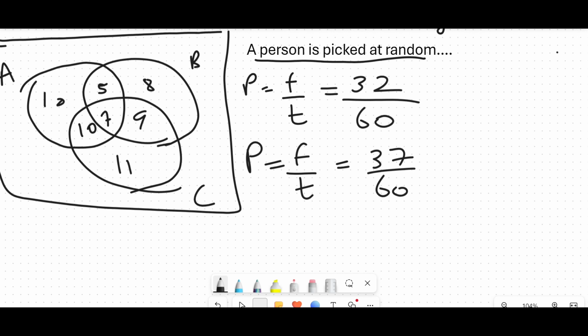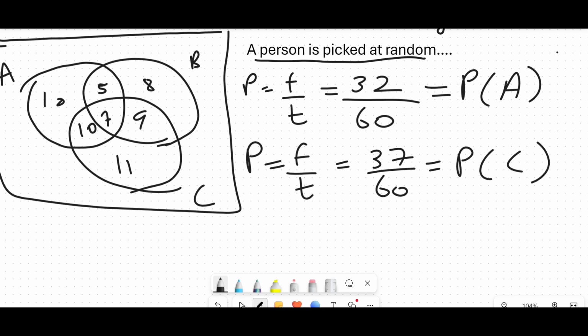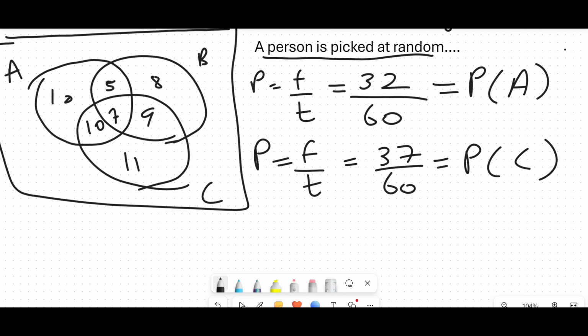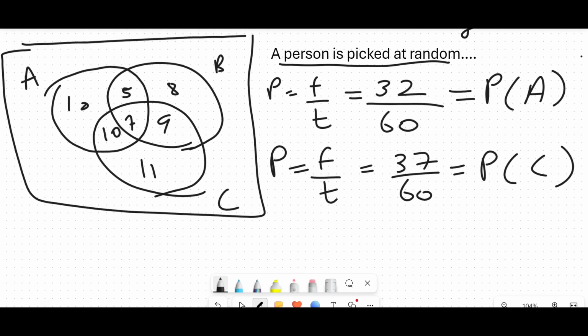Right? So what am I actually doing? This can also be written as probability of A, and this can be written as probability of C. This is written because there is no such condition on this question, and I have said that a person is picked at random from all these, and it could be anyone, so the denominator is always 60.